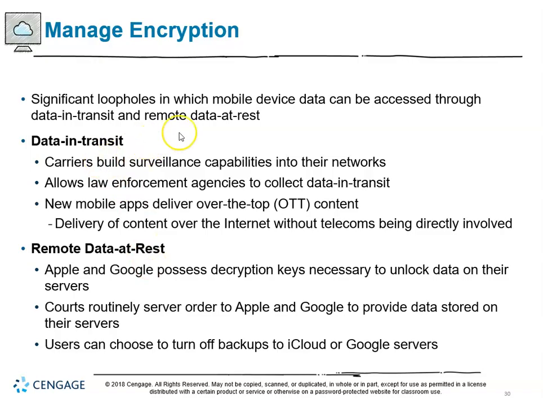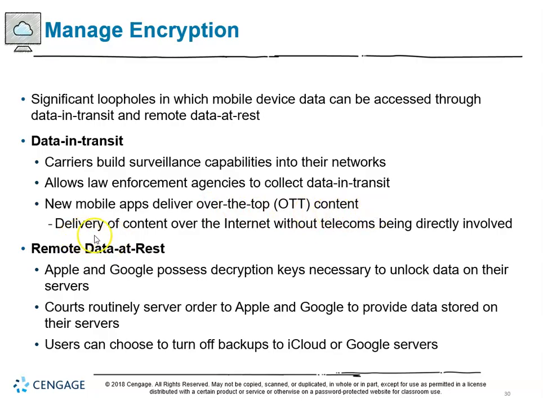For a mobile device, data in transit refers to how the carriers build surveillance capabilities into their networks to try to prevent the risks while the data is in transit, the risk of it being intercepted or viewed. Also, this allows law enforcement agencies to collect data in transit, and new mobile apps deliver over-the-top or OTT content.